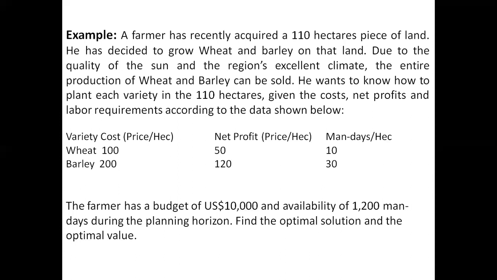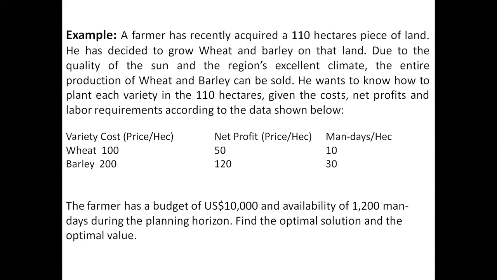So how the planning is required, and depending upon that plan, there is an equating value: net profit to be attained for wheat is $50, and for barley $120.